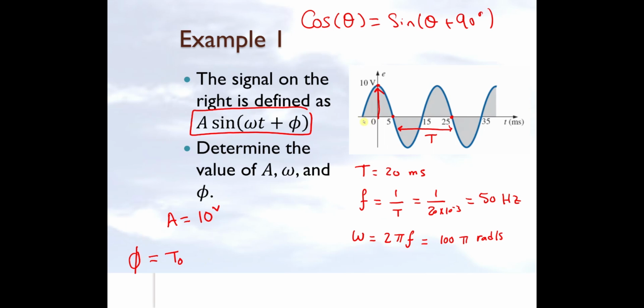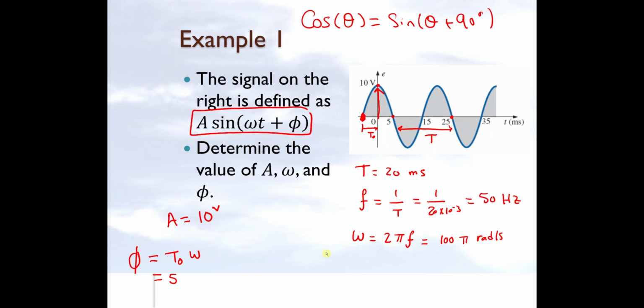If you have a sine function, it starts from a 0 at the origin. But here I have the 0 not aligned with the origin, it's actually shifted in time. So what is this time shift? This is t naught. So you can see here that t naught is equal to 5 milliseconds. So we plug 5 milliseconds here and multiply by the frequency omega, which is 100 pi.